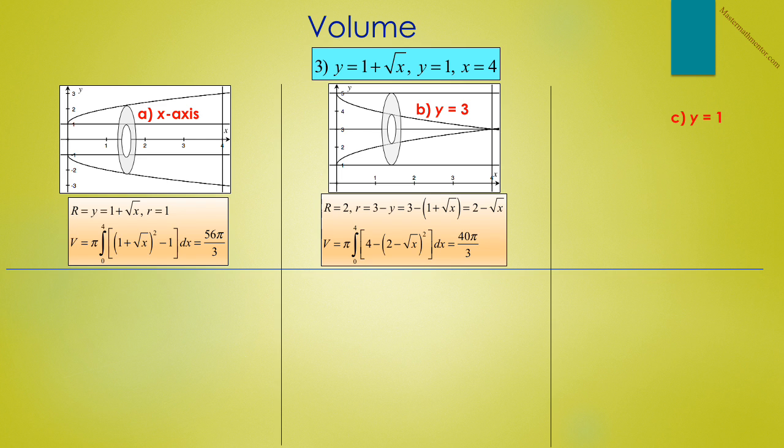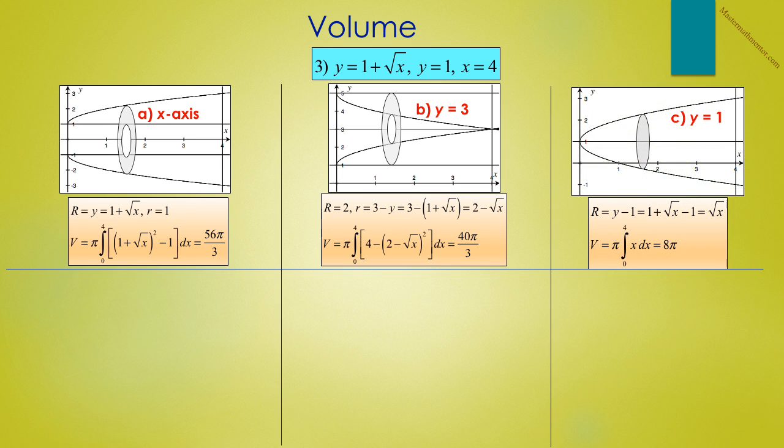So therefore V equals pi integral from 0 to 4 of capital R squared, 4, minus little r squared, the quantity 2 minus the square root of x, squared, dx. And this turns out to be 40 pi over 3.